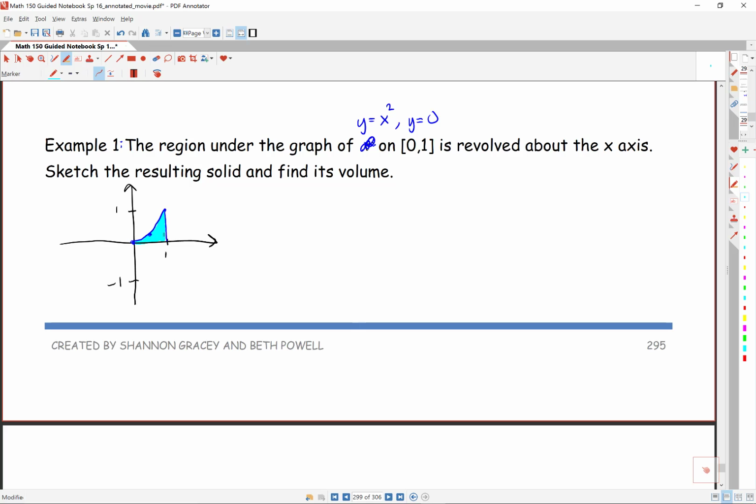Now, what you want to look at here is our representative rectangle for the region. In the disk and washer method, your rectangle is always going to be perpendicular to your axis of rotation. So we're rotating about the x-axis.